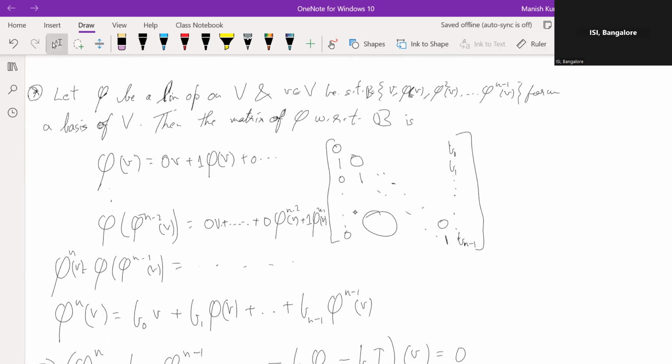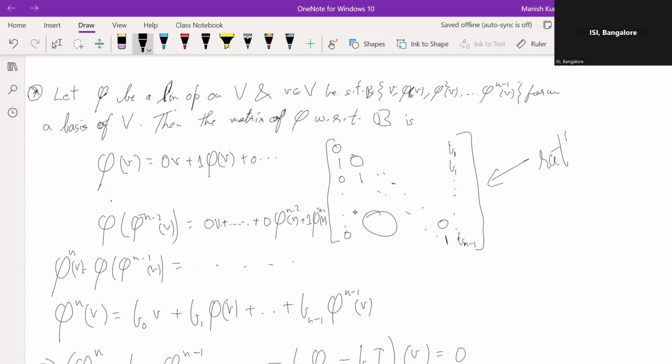This forming a basis tells you that the minimal polynomial and characteristic polynomial are the same. Yeah, and in that case, the matrix of phi with respect to this particular basis, you can just read it out from the characteristic polynomial. Yeah. So this is called the rational form.